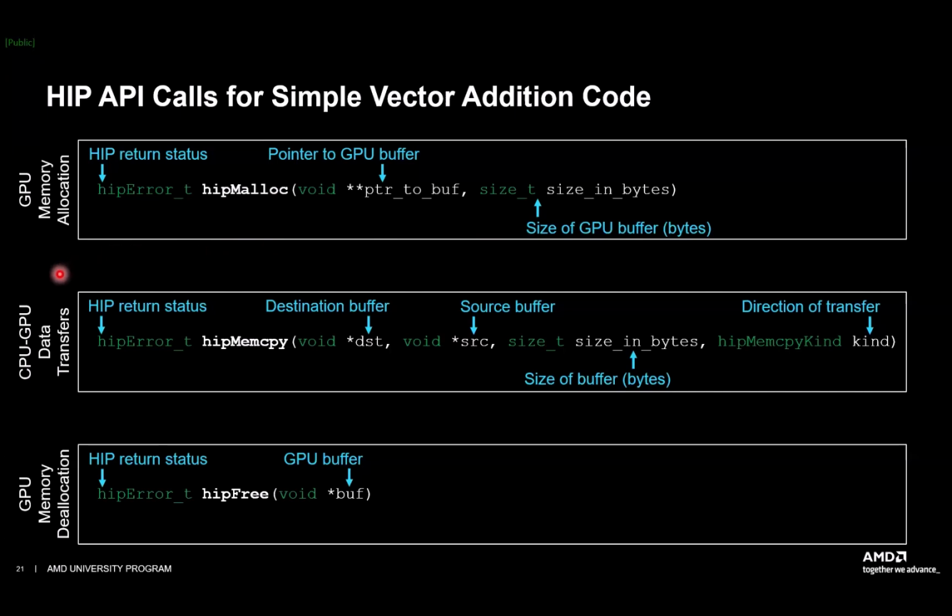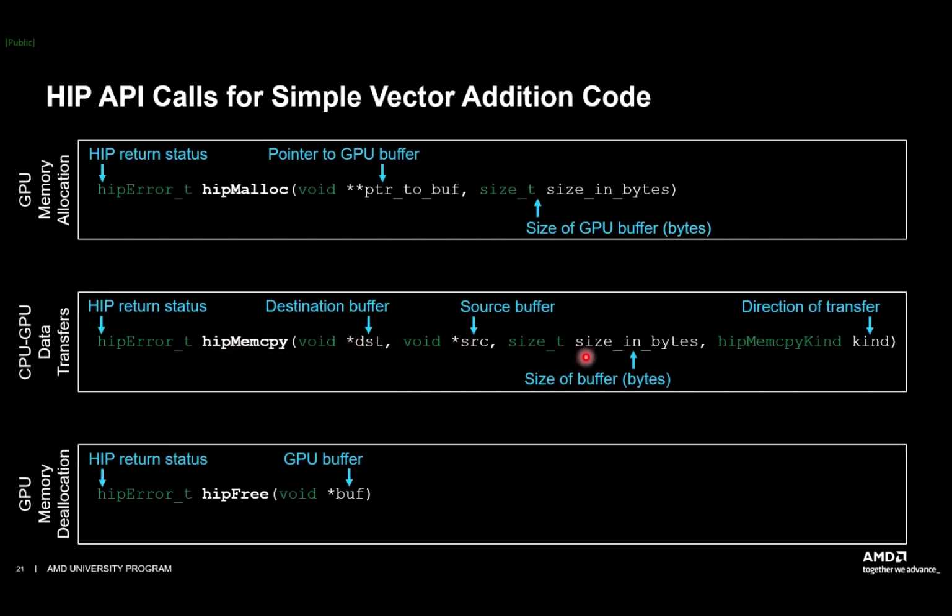For the data transfers, if you want to transfer data to or from the CPU to the GPU, then you can use this hipMemcpy. The arguments are as follows. The second argument is the source of where you're transferring the data from. And then the first argument is where you're transferring the data to. So I always look at this memcpy call as transferring data from here to here.